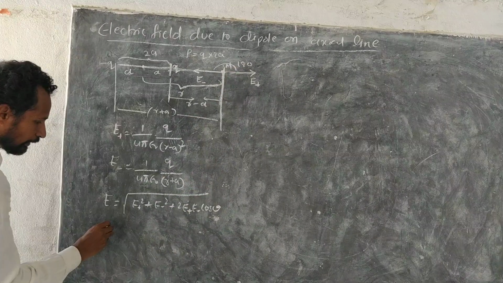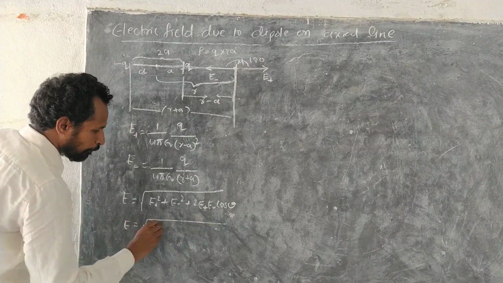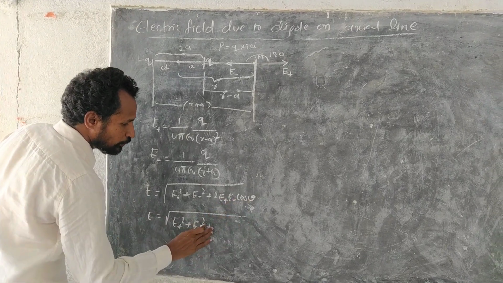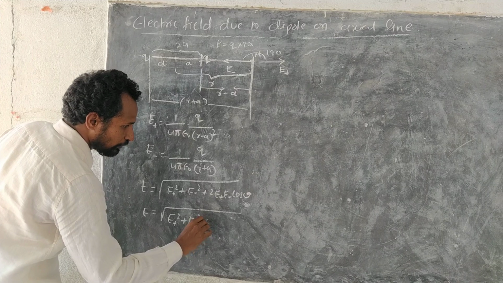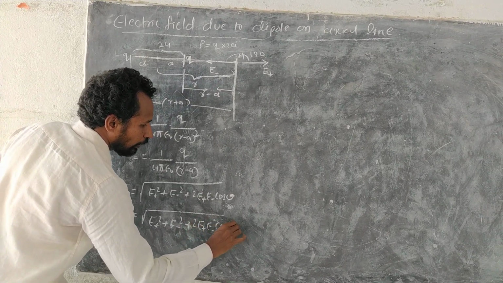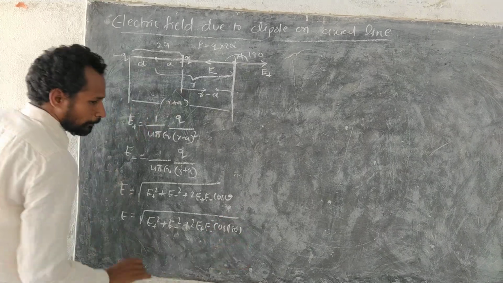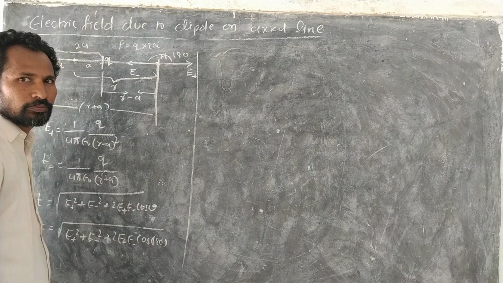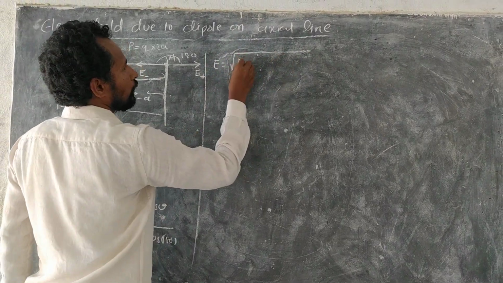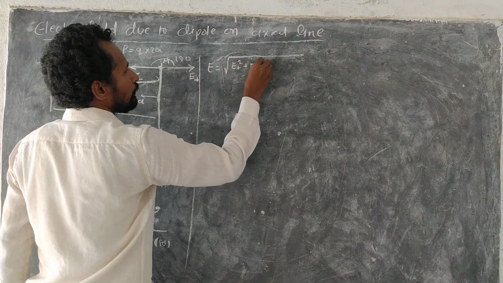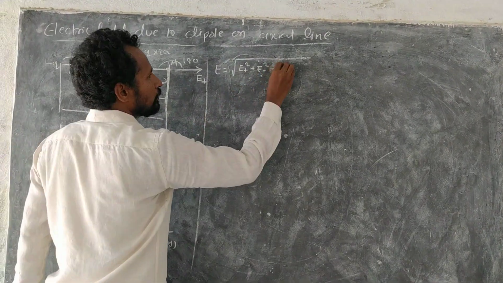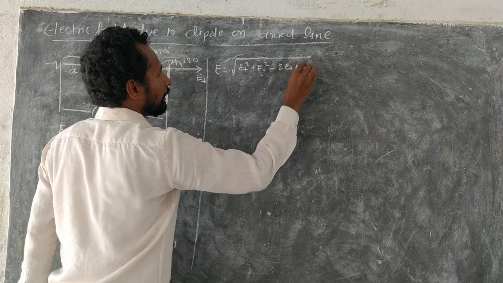The angle between them is 180, so E is the square root of E plus square plus E minus square plus 2 E plus E minus cos 180. Here cos 180 is minus 1, so this will be minus 2 E plus E minus.